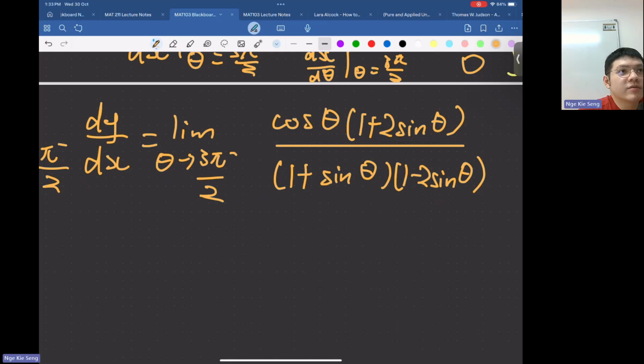What's sine 3 pi over 2? Let's go and check. What is sine 3 pi over 2? Any idea? William, do you have any idea? What's sine 3 pi over 2? Minus 1. Okay, good. How about cos 3 pi over 2?